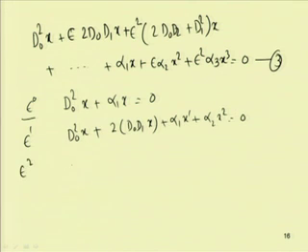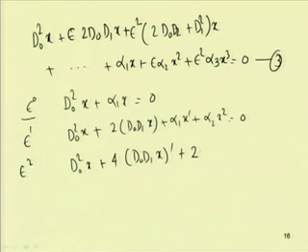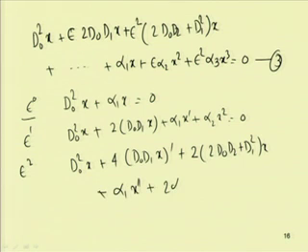Similarly, the order epsilon squared can be written as D0 squared x'' plus 4 D0 D1 x' plus 2 into (2 D0 D2 plus D1 squared) x plus alpha 1 x'' plus 2 alpha 2 x x' plus 2 alpha 3 x cubed equal to 0.